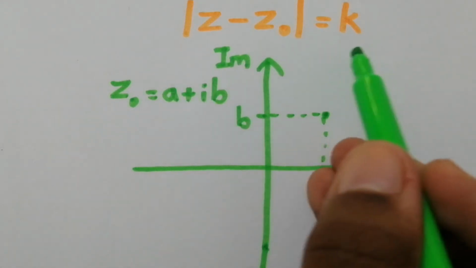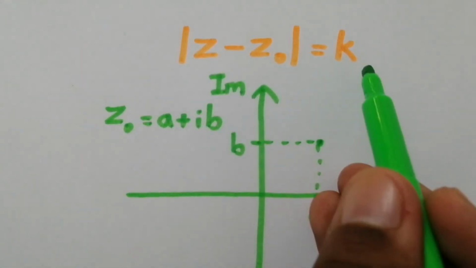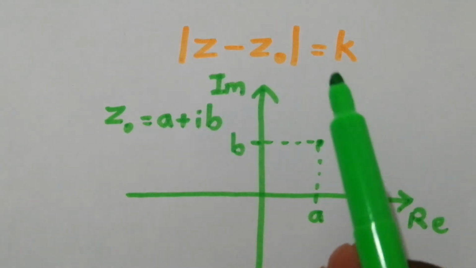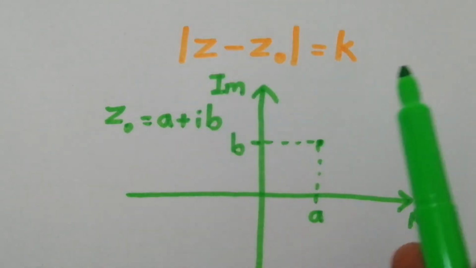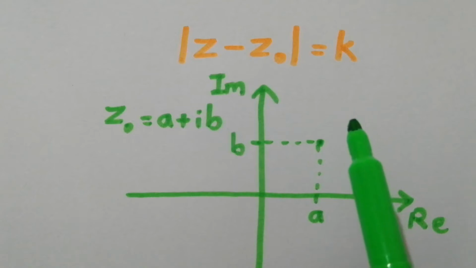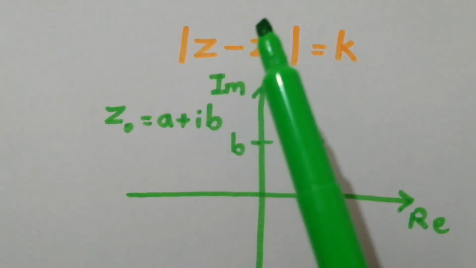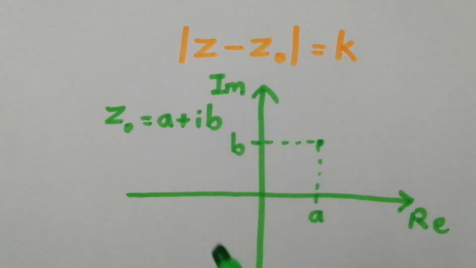Now here the modulus value is a constant. In this type of question, the path of the complex number will be a circle. In the above one, when the argument value is given, it is a straight line. When the modulus value is given, it will be a circle.